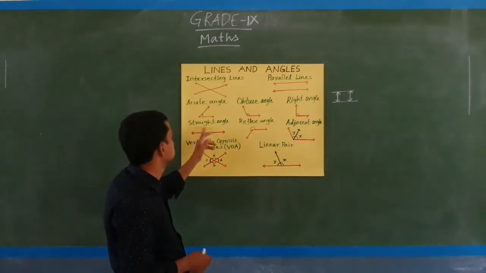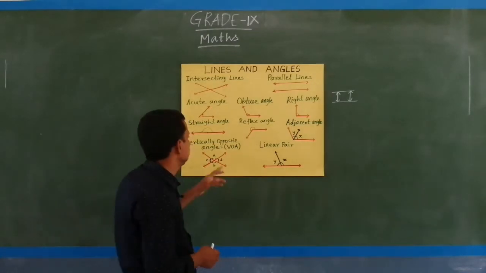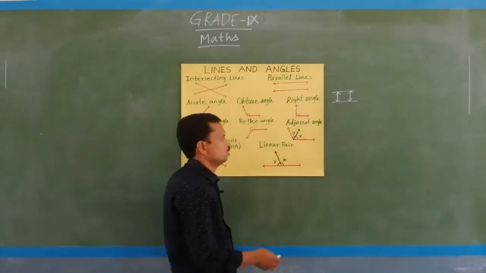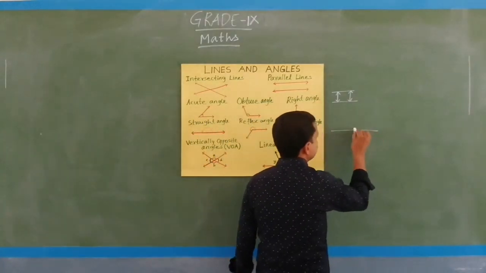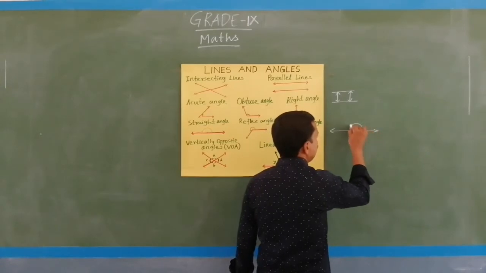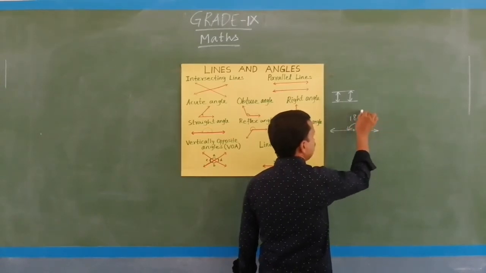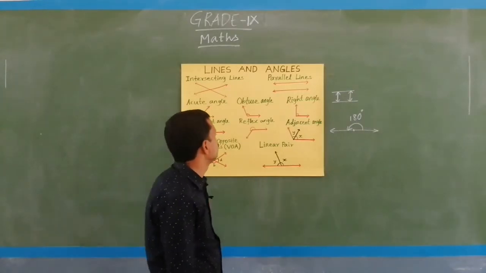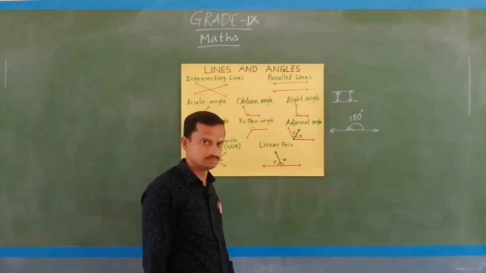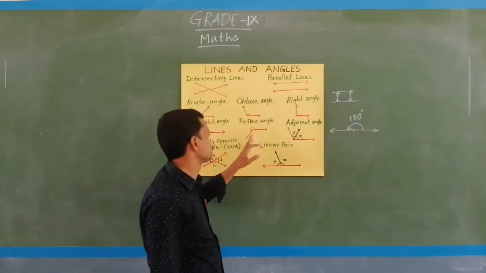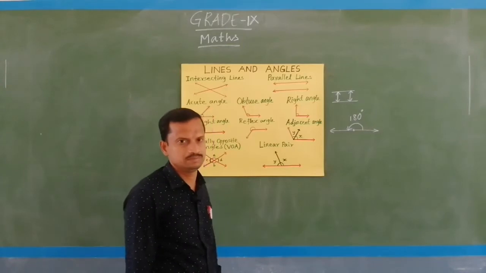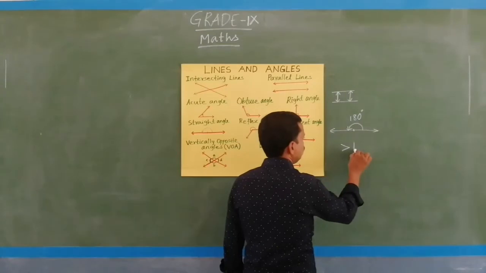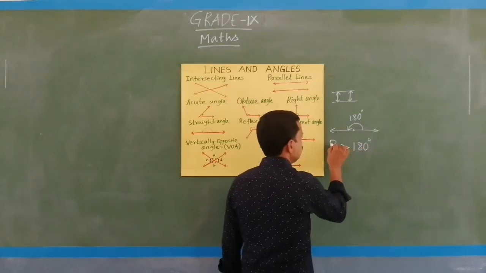And then straight angle: this is one line, and if you measure 180 degrees at any point on this line, that is called a straight angle. And then reflex angle, that means more than 180 degrees.